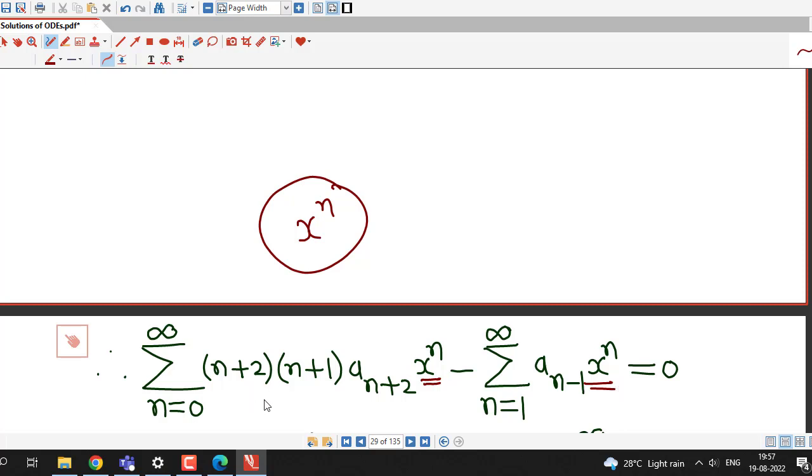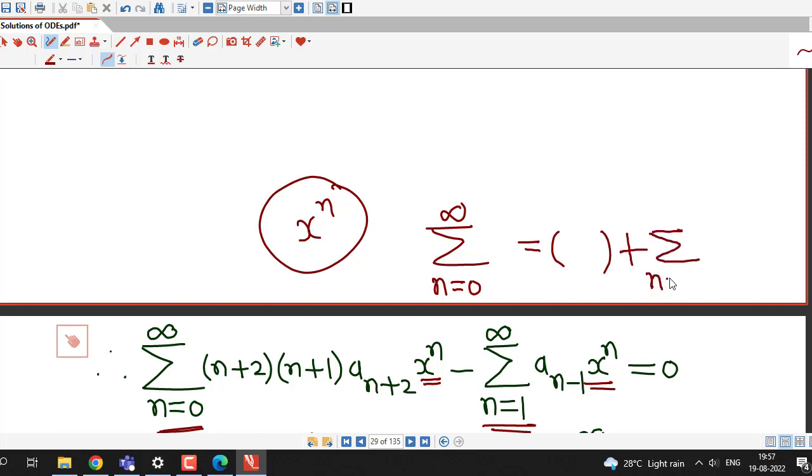Now I can combine two summations if range of index is same. Here n is starting from 0 to infinity, here n is starting from 1 to infinity. So what I will do is I will write this summation sigma n equal to 0 to infinity as term corresponding to n equal to 0 plus sigma n equal to 1 to infinity.